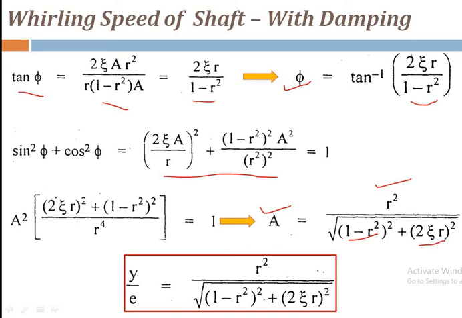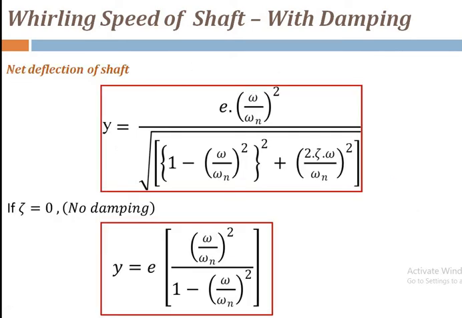Once again put the value of A, which is nothing but y by e, then we get y by e equal to r square divided by square root of 1 minus r square whole square plus 2 zeta r whole square. Now substitute the value of r as omega by omega n.